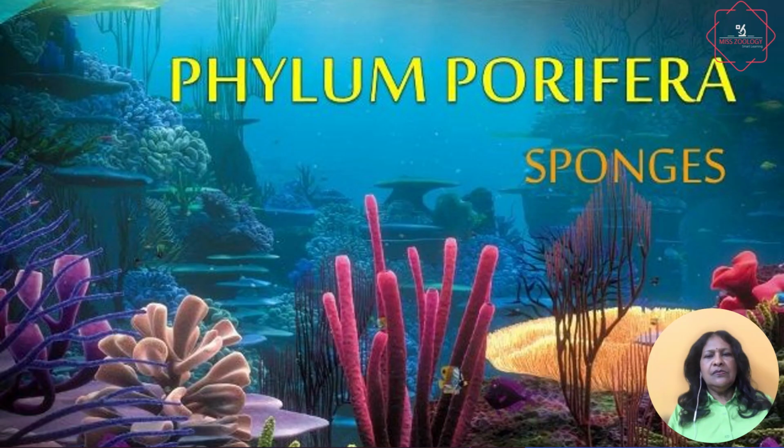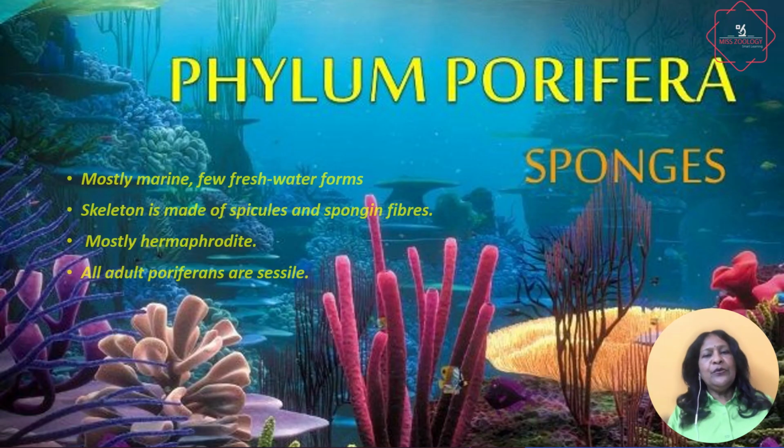Coming over to animals under Porifera, they are pore-bearing individuals. They have small pores on their body wall called ostia. Most of these are marine. Few of them have evolved out as freshwater forms as well.